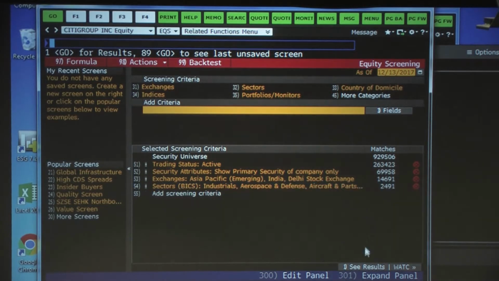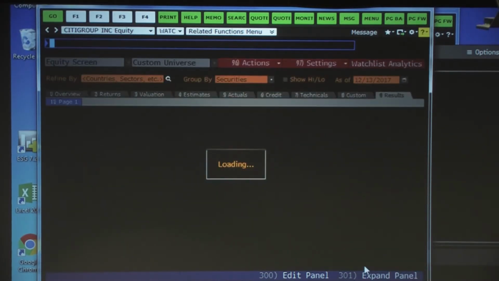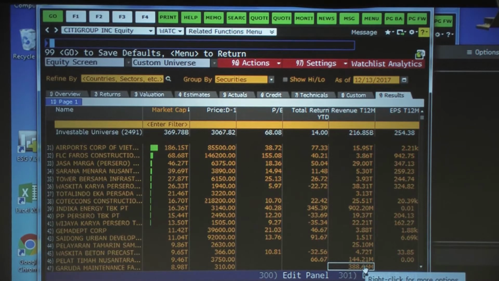If you click on see results, or click on number 1 and hit the go key, enter, it'll run that search for you and show you all the stocks that fit that category and within that country. Right now it's filtered by market cap, but this is a good way to screen stocks if we're looking at a certain area of the world and a certain industry. So if your professor tells you to find a bunch of stocks within a certain industry, this is one of the ways you can look for it.